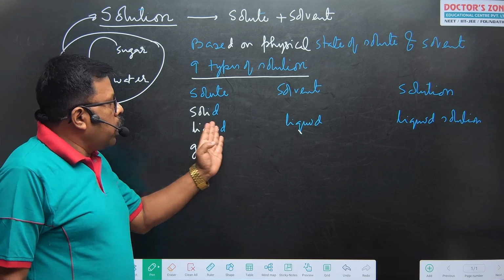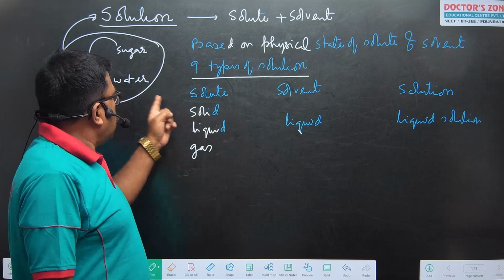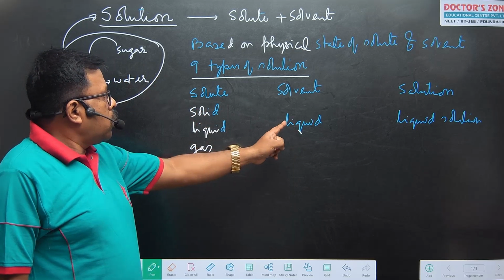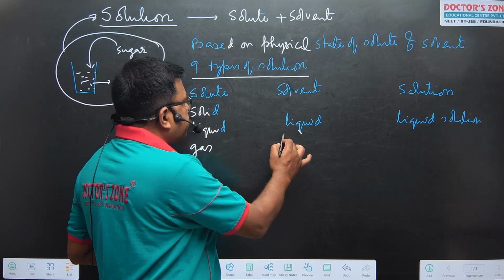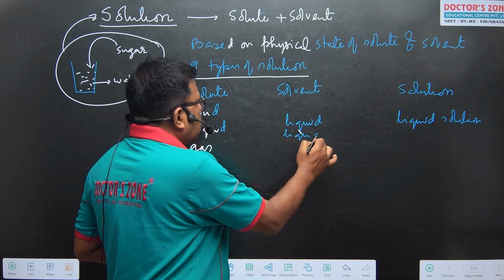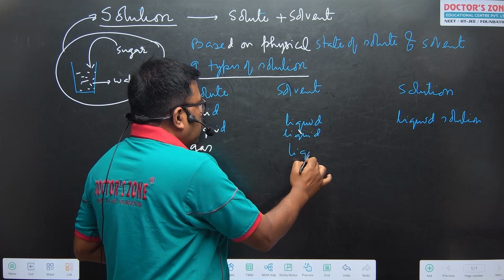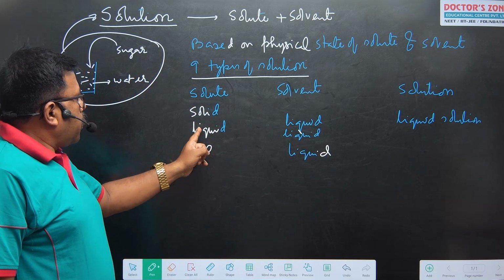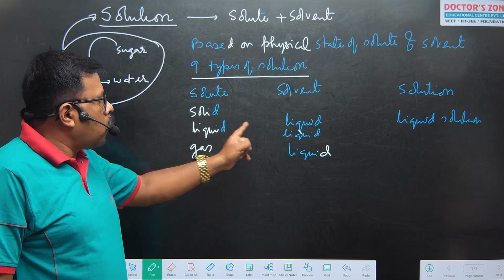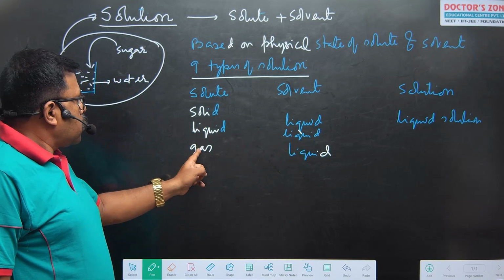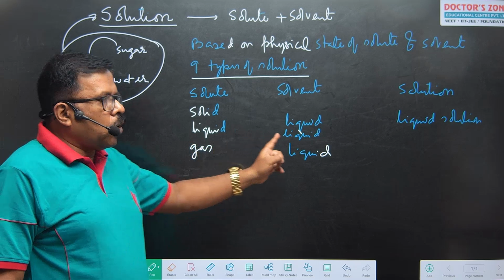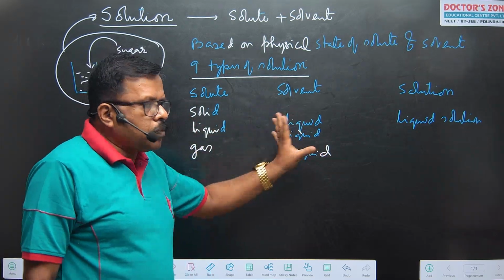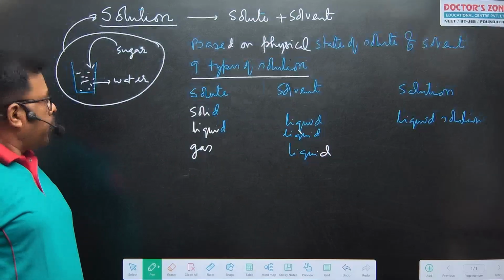You should know examples: sugar in water, methyl alcohol in water, carbon dioxide in water, which is present in all aerated drinks. So this forms this type of solution.